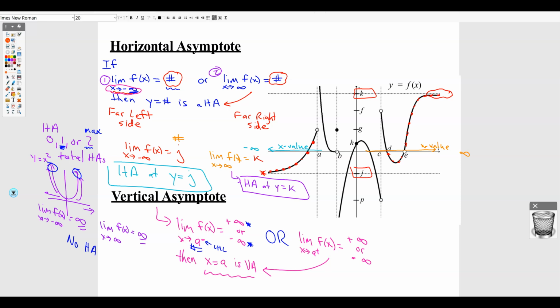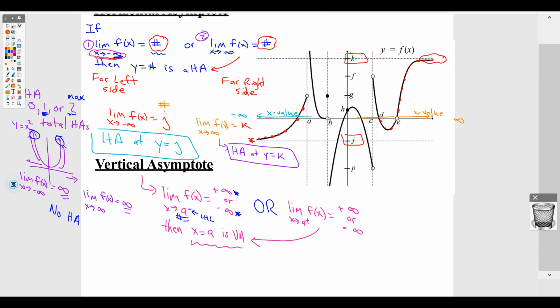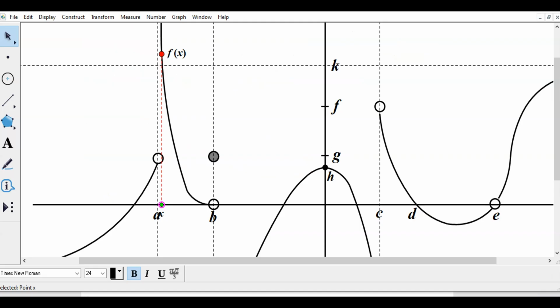The way we would write this up, we would say the limit as x approaches a from the right-hand side of our function f of x is equal to infinity. So x equals a is a vertical asymptote. And remember, x equals a number is a vertical line, y equals a number is a horizontal line. All right, so we have one vertical asymptote. Let's check the graph again and see if there are any other ones.